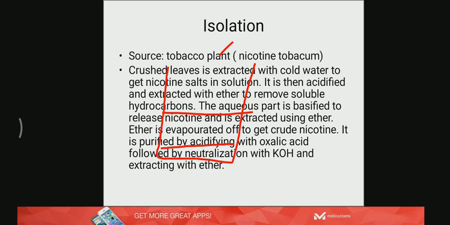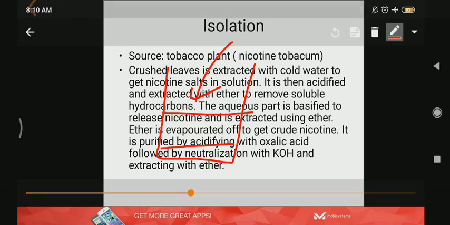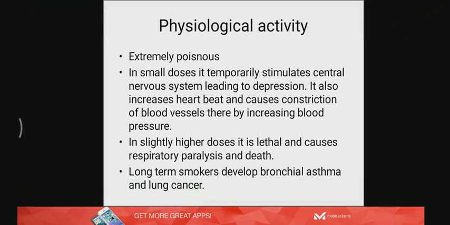And then we add base, that is KOH, to neutralize the acid. Again this nicotine will be precipitated, or it will become free, and you can extract it again using ether, and by repeating this procedure you can purify it. So this is isolation of nicotine from tobacco plants.